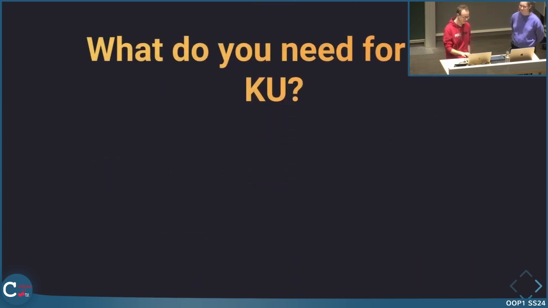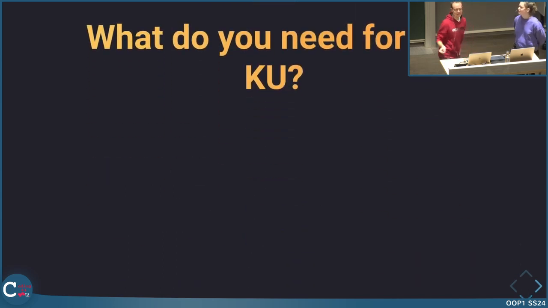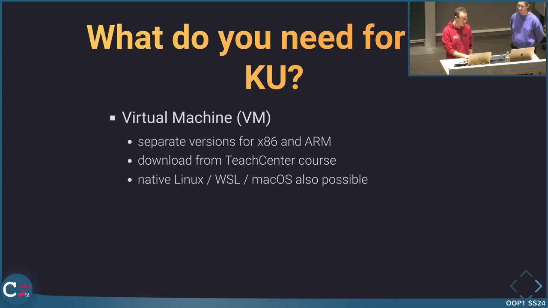Okay. So before we start with the quiz, what do you need to know, and what tools do you need for the practicals? You probably need a virtual machine, or you have native Linux installed in a dual boot setup, for example, WSL, Windows Subsystem for Linux, or usually macOS also works.